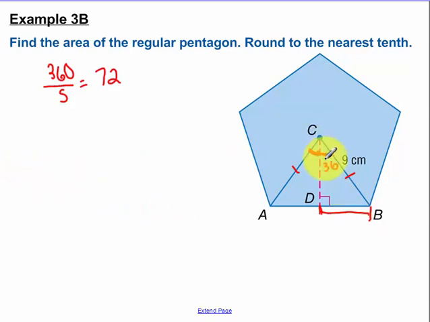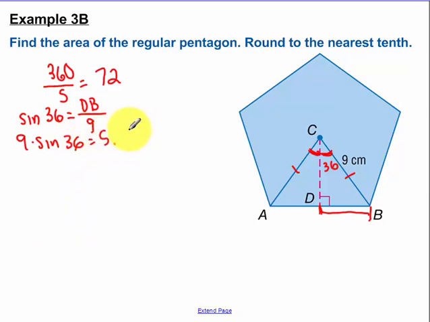dB is the opposite side. For opposite, we use sine of 36 is equal to opposite dB over the hypotenuse, which is 9. So 9 times the sine of 36 is equal to 5.3.